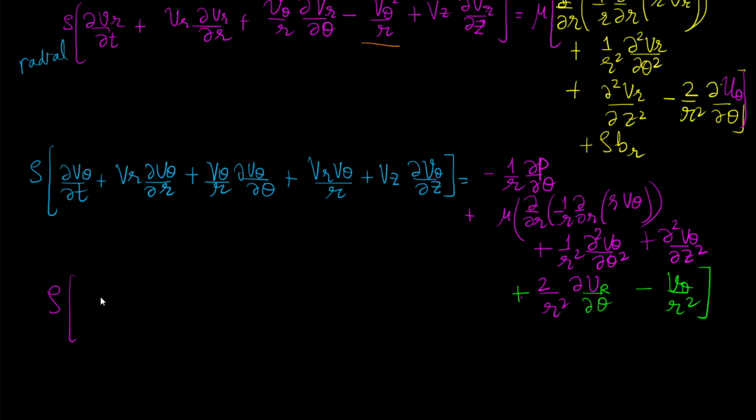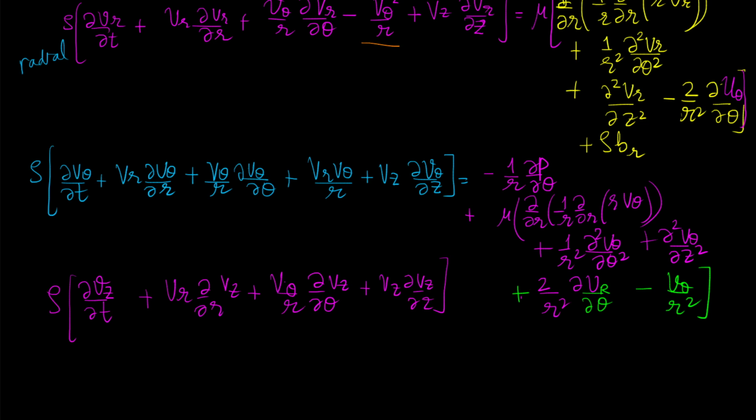So rho... I'm not going to write down each of these terms because in the case of z direction we will not have any such terms. So del vz del t plus, let me write it down, vr del r of vz plus v theta upon r del theta of vz plus vz del z.